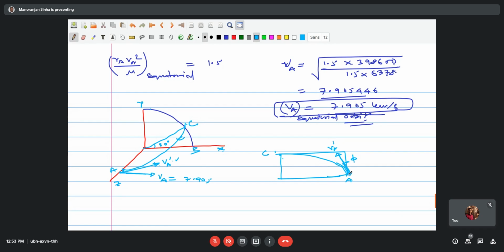So here, as in this case, we see this phi which is shown inside. If it is like this, then we have to break it into two portions. Let us say this is O, so this point will become O. So this will be VA prime sin phi, and this will be VA prime cos phi.